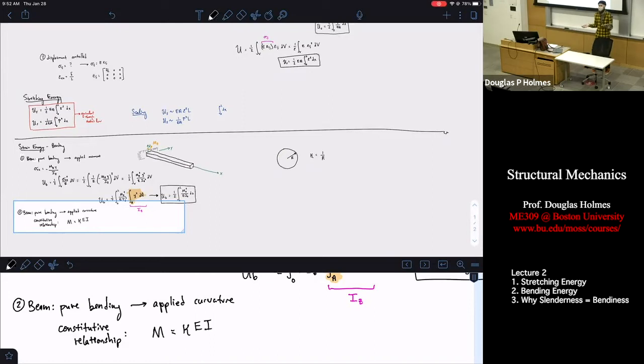This is just like Hooke's law. It's just for bending. So there's a linear proportionality between moment and curvature. And in Hooke's law, we say there's a linear proportionality between force and displacement. Same idea. So if this doesn't ring a bell, that's okay. But it's important. So I'm going to color it.